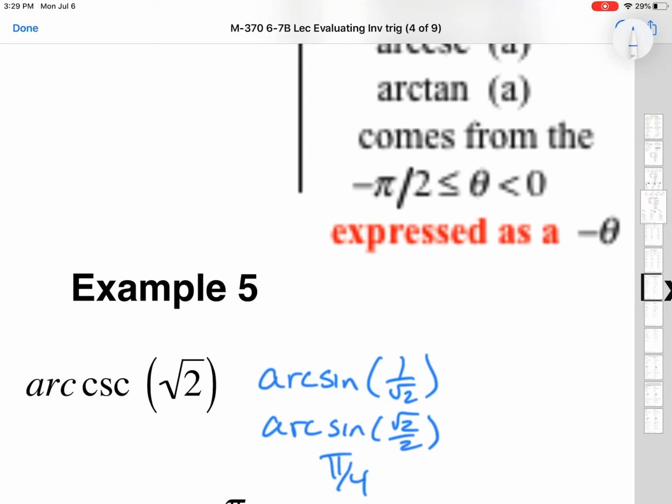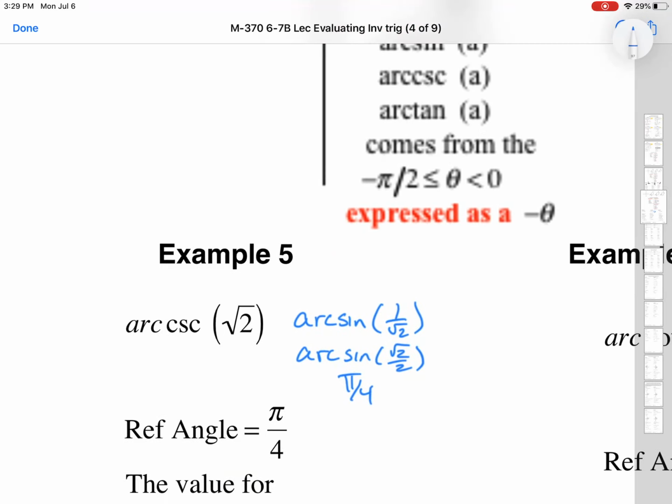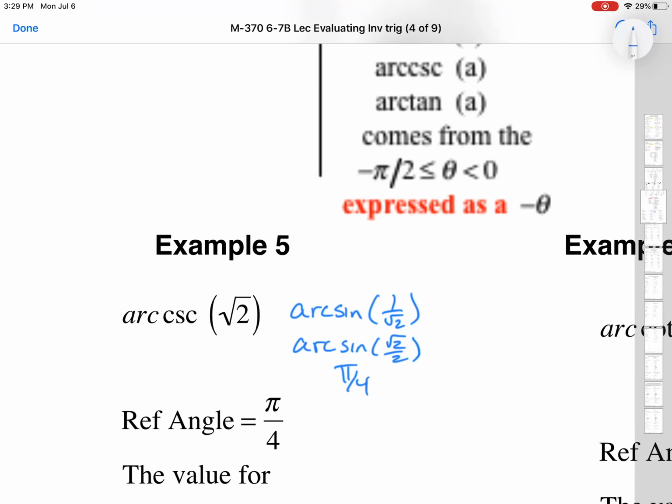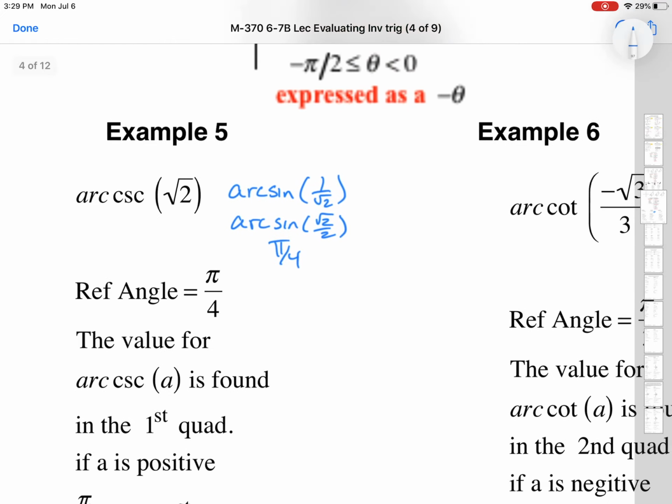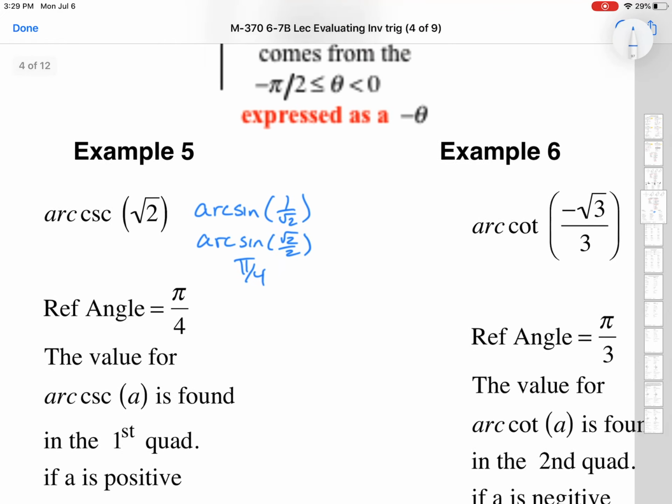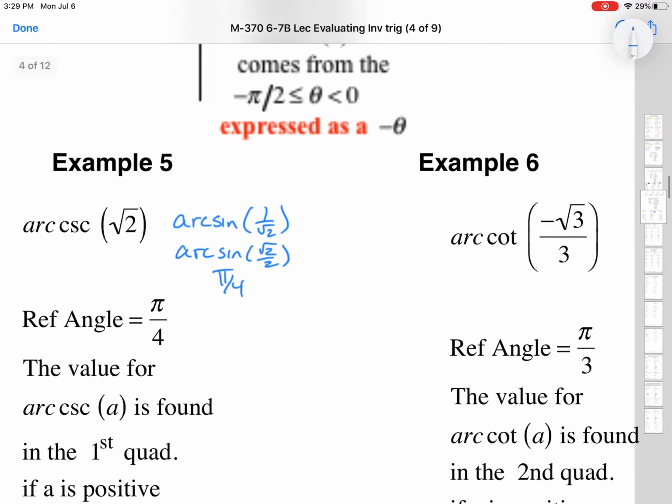I change all my cosecants into sines just by inverting, because you know they have that flipped relationship. And so you have this nice pi over 4 reference angle in the first quadrant because it's positive, so you are finished. It's pi over 4. Now he doesn't mention going to sine, but that's what I do.